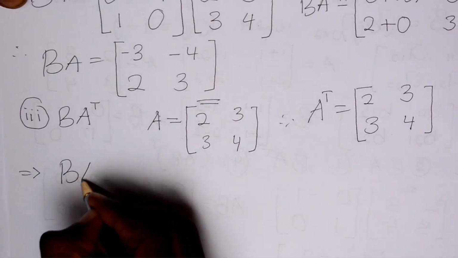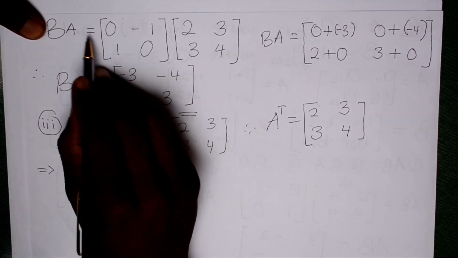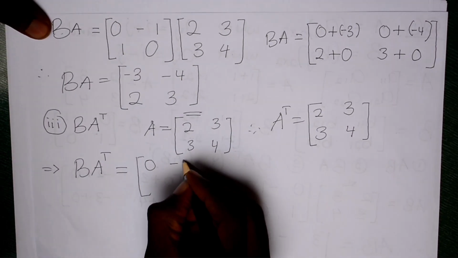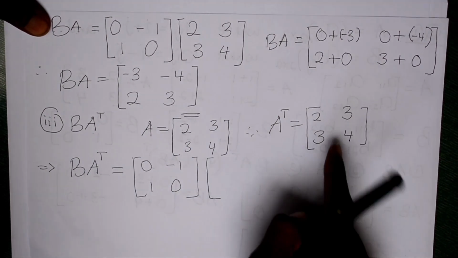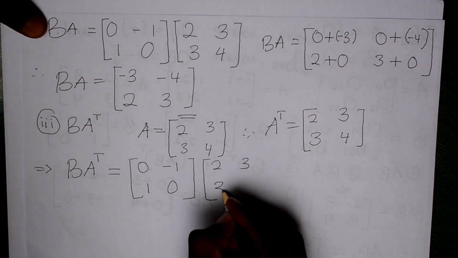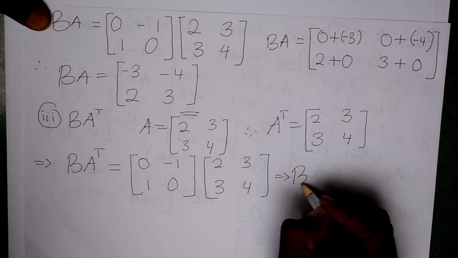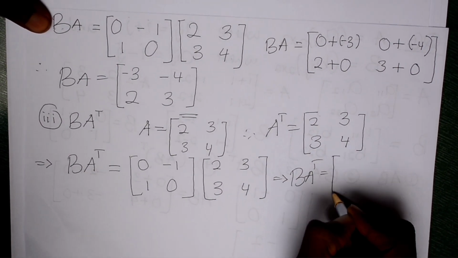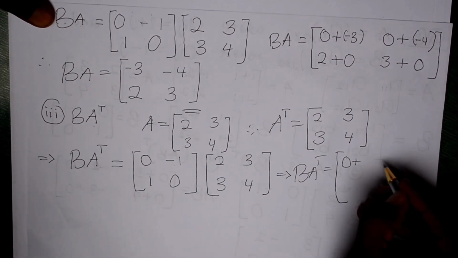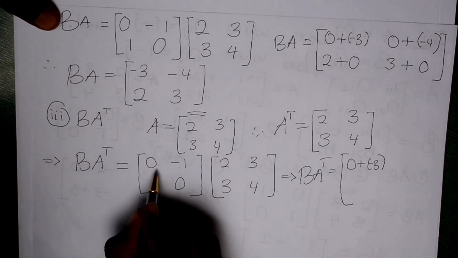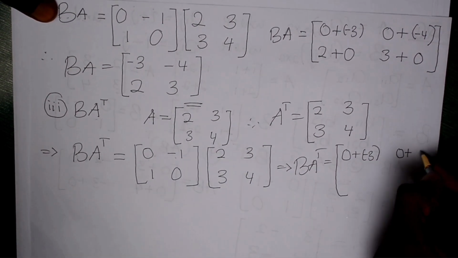Now BA transpose will be the matrix of B times the matrix of A transpose. B is given as 0, minus 1, 1, and 0. Then A transpose is this, 2, 3, 3, and 4. Then we multiply these two matrices. This implies that BA transpose will be 0 times 2, 0, plus minus 1 times 3, minus 3. Then 0 times 3, 0, plus minus 1 times 4, minus 4.